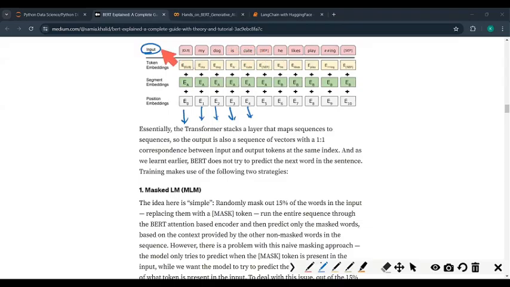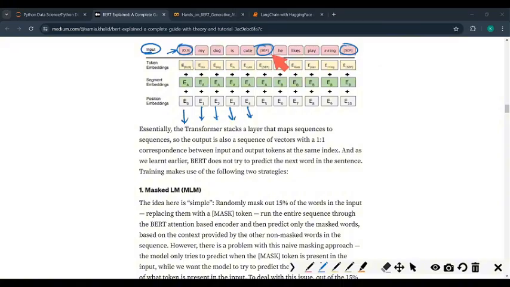Correct? What is the first thing? Input is broken down into tokens, multiple tokens. Then CLS is added at the start, and separator is added at the end of each statement. So your tokens are broken down from a statement, and CLS is added at the start.